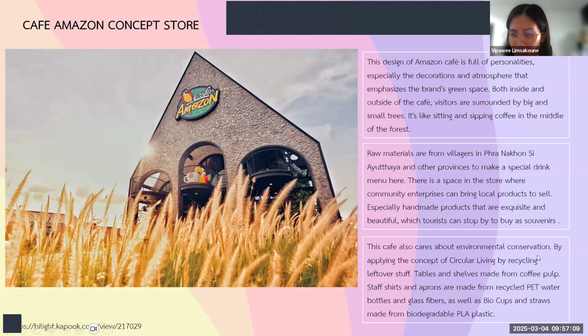They care about environmental conservation. For example, they're applying the concept of circular living by recycling leftover stuff. Their tables and shelves are made from coffee pulp, not 100%, but a blend. Staff shirts and aprons, ผ้ากันเปื้อน, are made from recycled PET water bottles, polyethylene terephthalate.